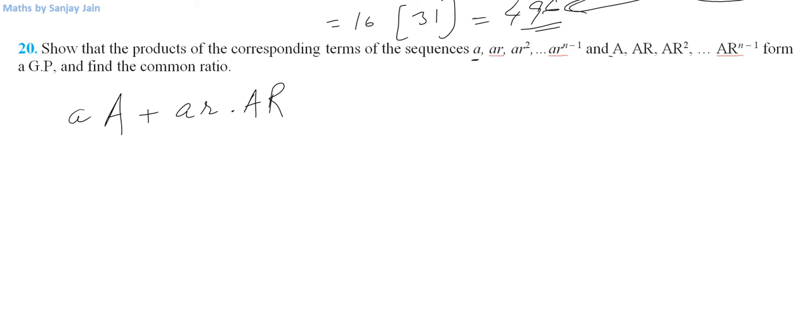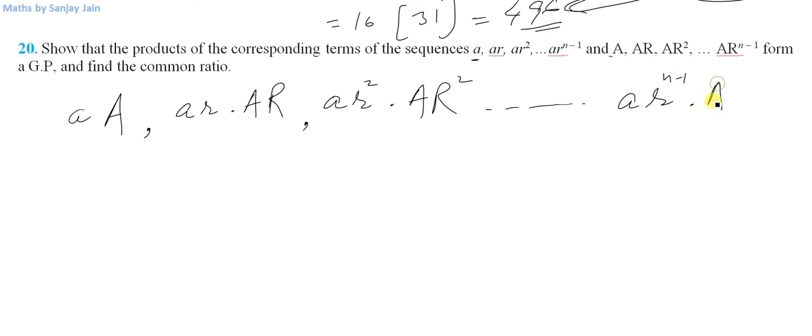I don't have to add them, I just need to show that they are in GP. So let me write it like this: AR squared into AR squared, and the nth term is AR raised to power n minus 1 into AR raised to power n minus 1.